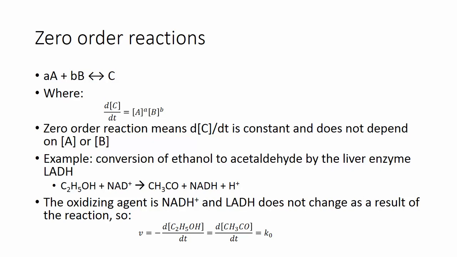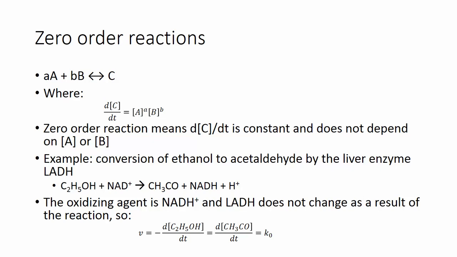Okay, let's look at some orders of reactions here. And of course, let's start at zero order reactions. So again, we have aA plus bB yields C, where dC/dt is equal to the concentration of A to the power of the coefficient a, and the concentration of B to the power of the coefficient b. So a zero order reaction means that dC/dt is constant and does not depend on A or B, the concentrations of these two molecules.